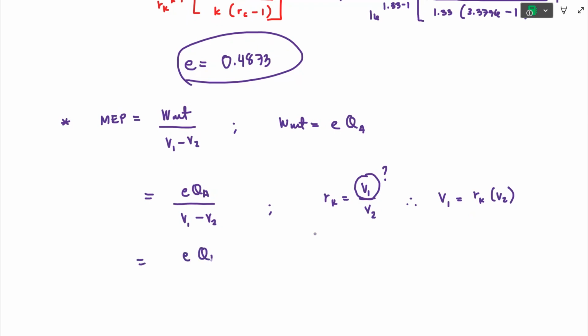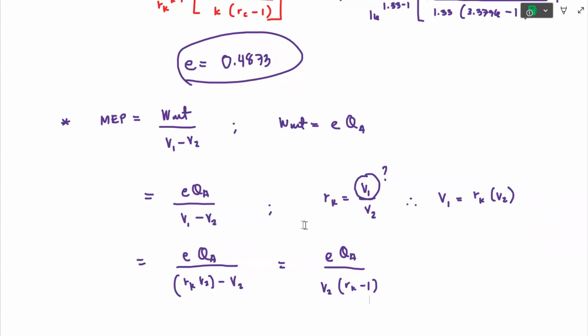So, E QA divided by RK multiplied to V2, minus V2. So, pwede ko i-factor out si V2. E QA divided by V2 multiplied to RK minus 1.